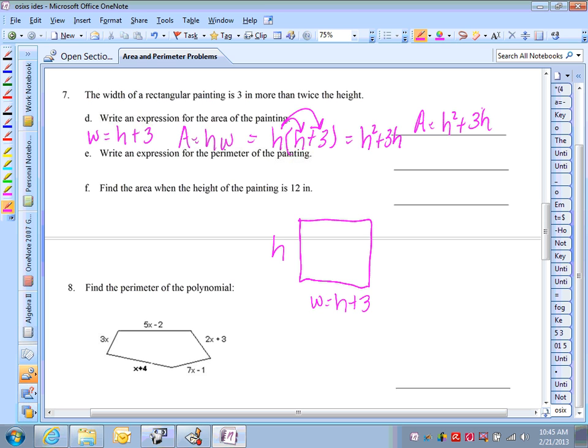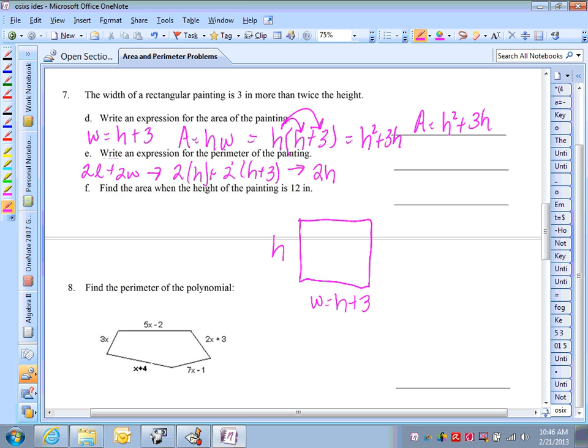Okay, now they want an expression for the perimeter. Well, it's a rectangle, so it's 2 times the length plus 2 times the width. So it's 2 times the length, which is in this case the height, so 2 times H, plus 2 times the width, which is H plus 3. Now I distribute the 2's, so 2 times H is 2H.